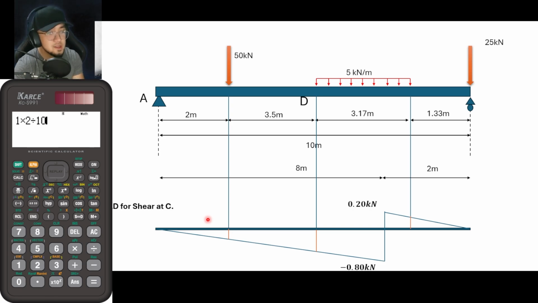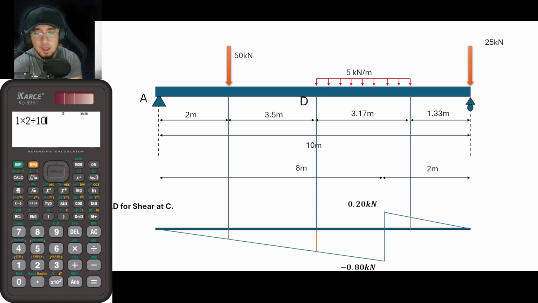So what that means is that, if this load here is equal to 1 kilonewton, by ratio and proportion, alam mo na po dapat kung ano yung resultant dito, or kung ano yung shear dito. But the thing is, once again, this is not 1 kilonewton. In this case, we have 50 times 1 kilonewton loads.